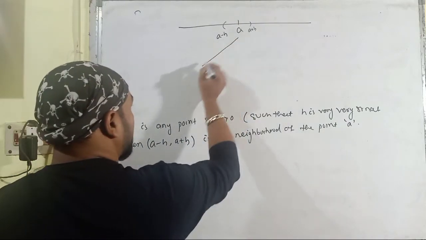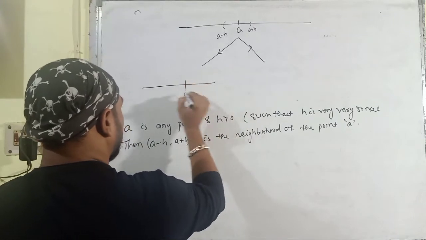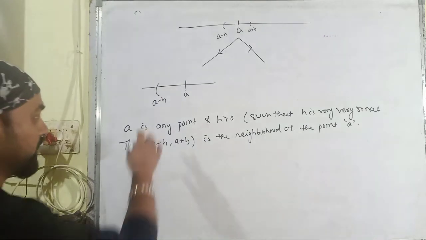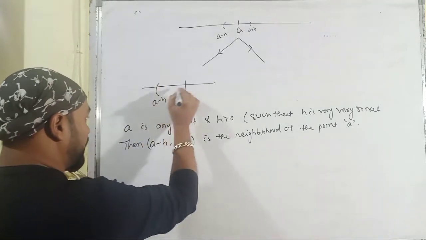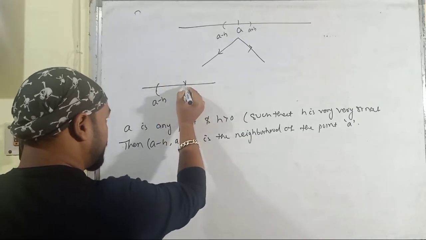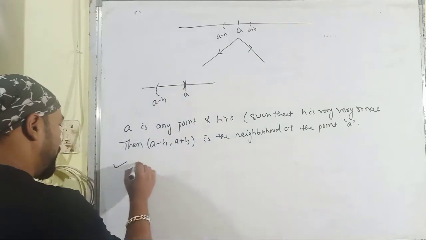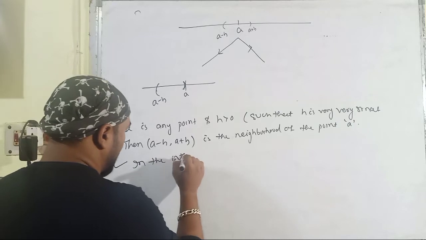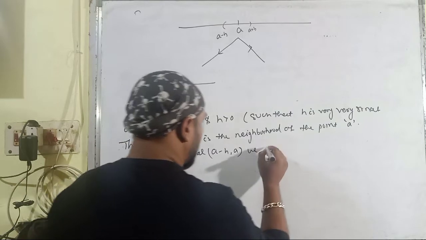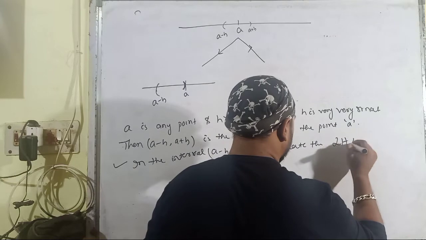Then it has two parts. The first one is considering the left hand side. Suppose this is the point a minus h, then in this interval, a minus h and a, not the closed interval but the open interval, we calculate the left hand limit.